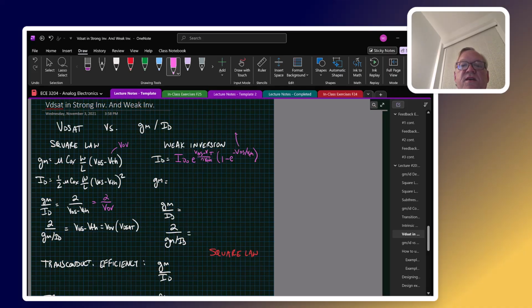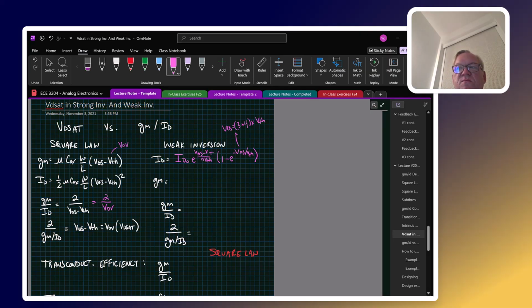And we typically expect VDS to be 3 to 4 times VT, and that's making the exponential term get very small.